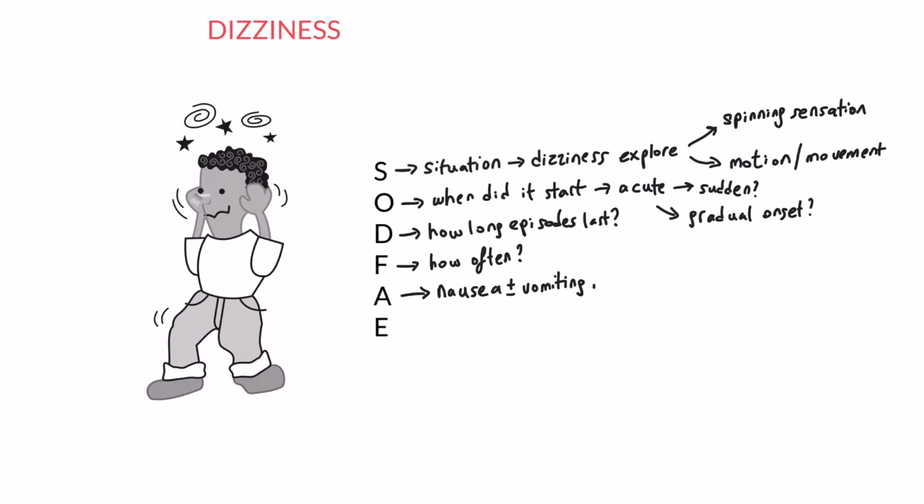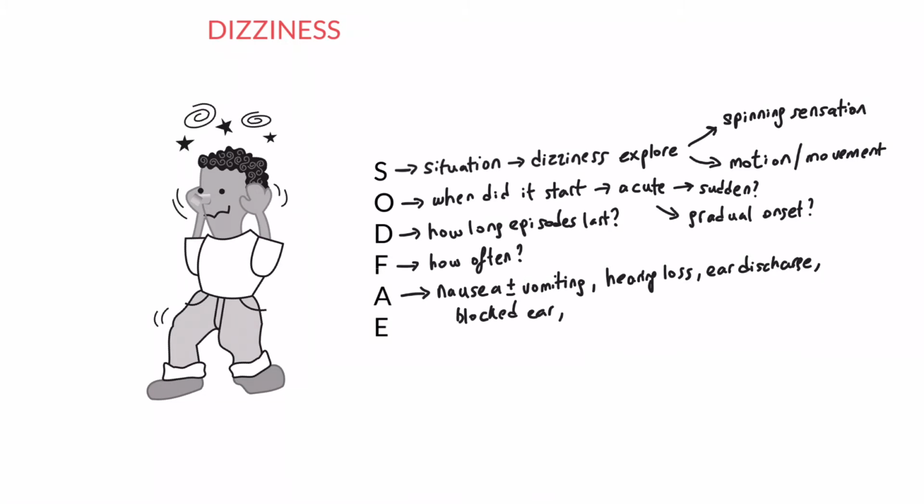Obviously if there's vomiting, ask if there's any blood or anything like that. Any hearing loss? We will explore why that is an important question. You can ask a bit more on any discharge, so any ear discharge. Then you can say any blocked ear sensation.